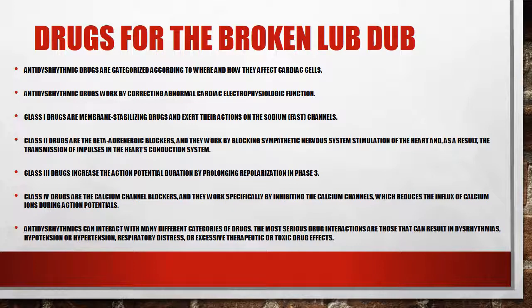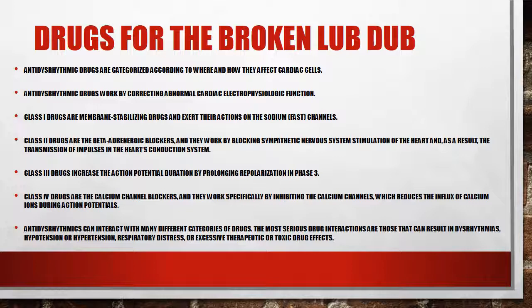So there are antidysrhythmic drugs classified according to where they work on the cardiac cells and how they work in different parts of electrical functioning. Class 1 are membrane stabilizing, and they exert their action on sodium fast channels.